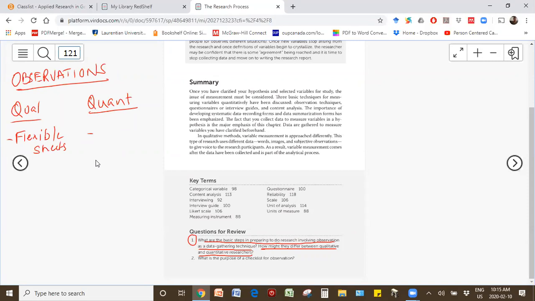I mean, you revisit. In quantitative, that element is not involved, so it's pretty much straightforward in your steps. And quantitative is usually secondary information, so it's already there. You're just taking out what's relevant to your research question.